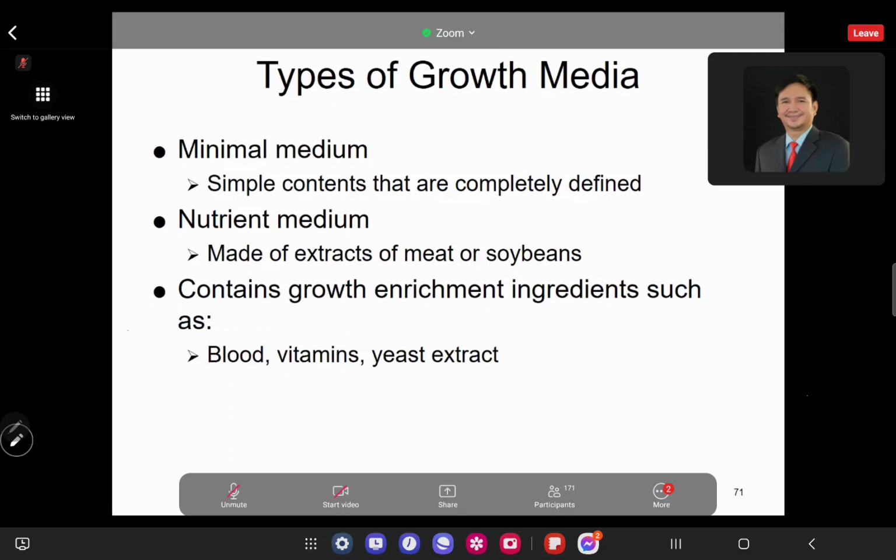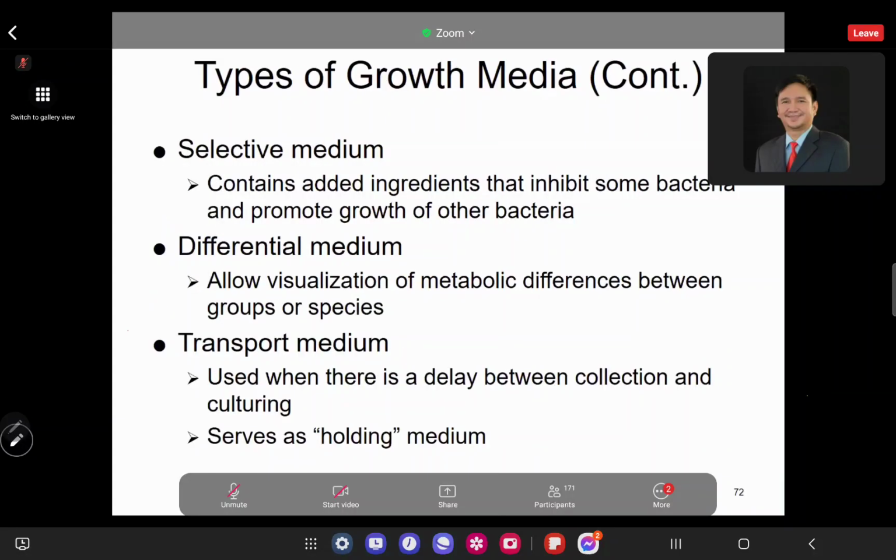They include additional growth enhancing ingredients like blood, like your blood agar plate, vitamins, or yeast extract, supporting the growth of fastidious organisms. In addition to basic media, specialized growth media serve specific purposes. Like your selective medium contains ingredients that inhibit the growth of some bacteria while promoting the growth of others.